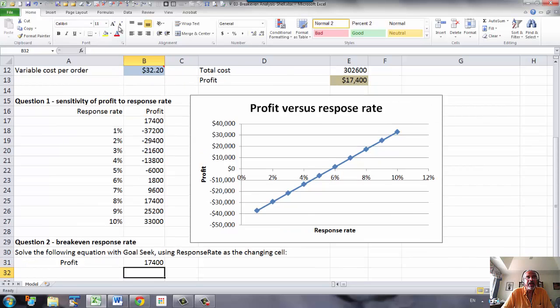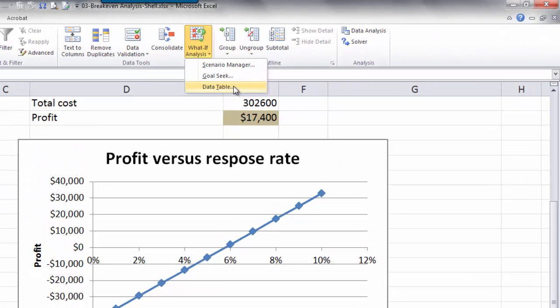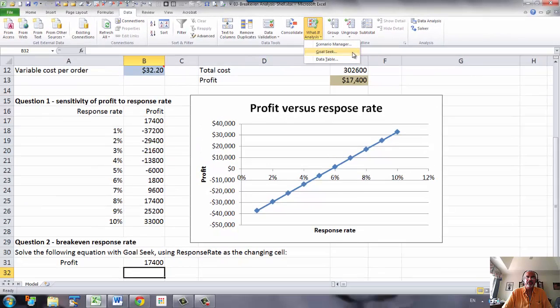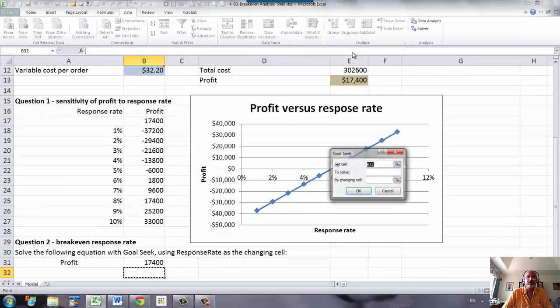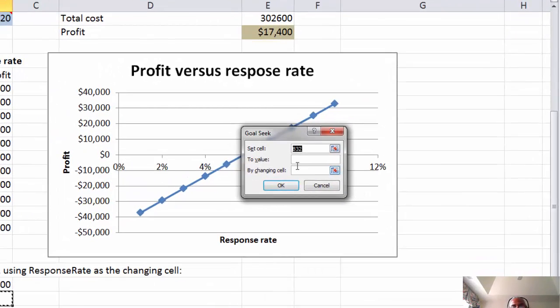We can use the command called Goal Seek. You can use Goal Seek to find the exact point at which profit will be 0, in other words, a break-even point. So click Goal Seek. Here there are three things that you have to set up.